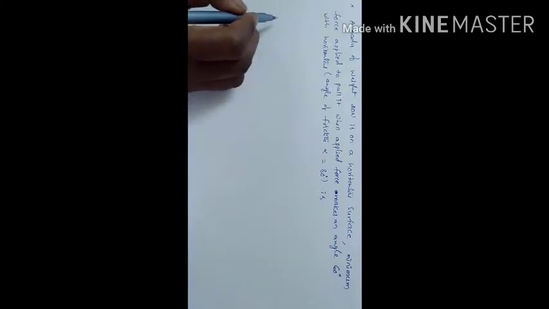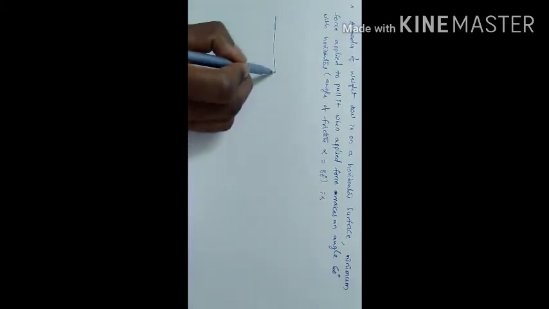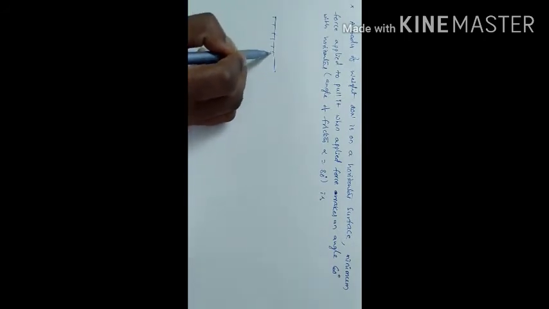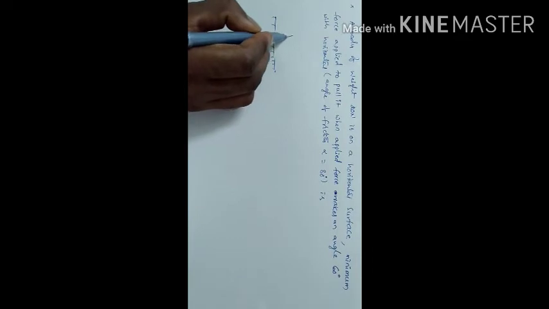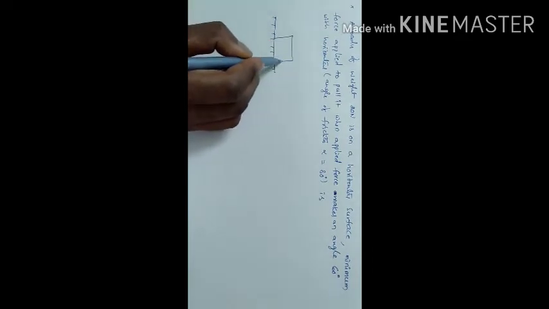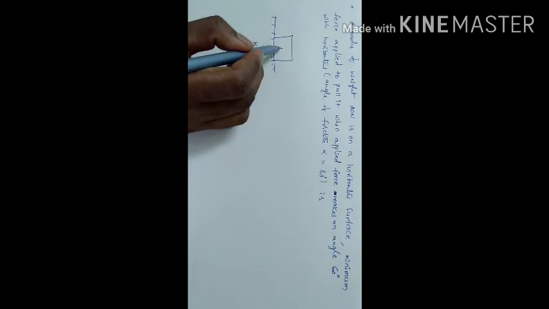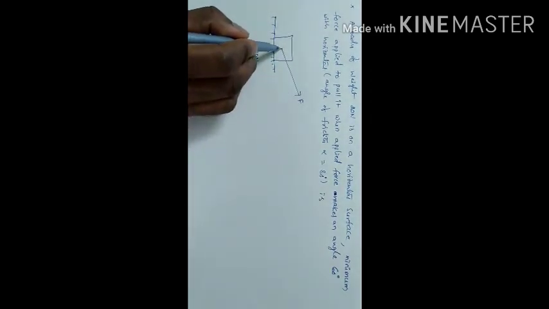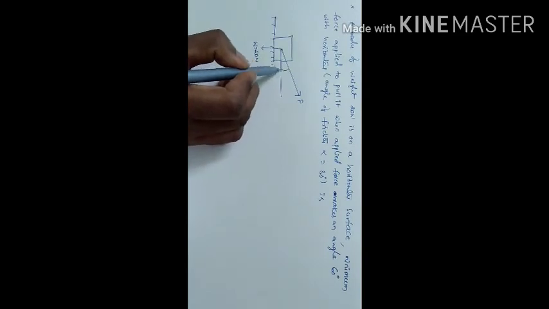Let us see here. They have given one surface, and on that surface they placed one body. They have given the weight of the body, W equal to 20 newtons, which is nothing but mg, and they applied one pulling force F that makes an angle 60 degrees with the horizontal.